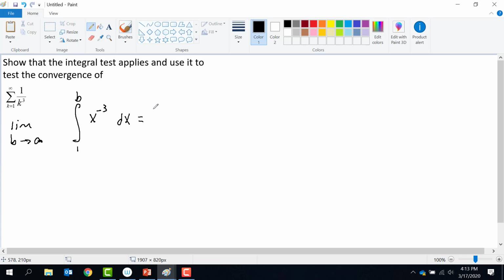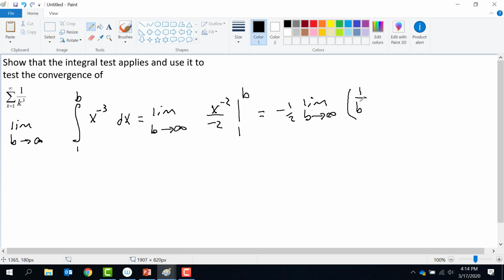Very basic antiderivative. So this becomes the limit as b goes off to infinity. We add 1 to the exponent, x to the negative 2, divide by the exponent, negative 2, and evaluate this from 1 to b. Then we pull out the negative 1/2, and we have the limit as b goes off to infinity of 1 over b squared minus, when you plug in 1, you get 1.